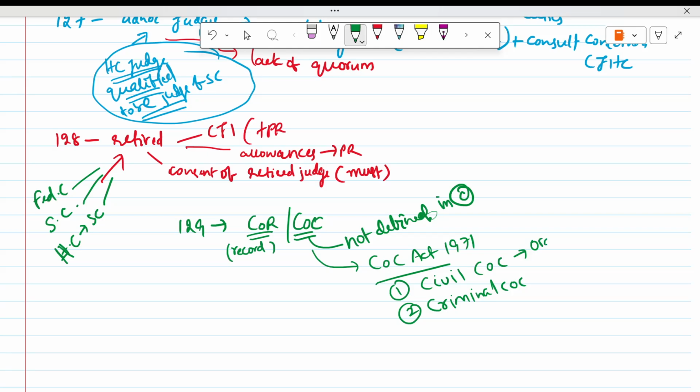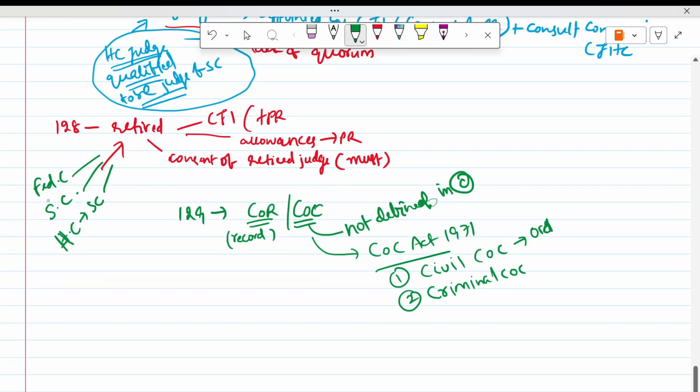Let's say the Supreme Court has given some order and you are not following that, then it will attract civil contempt. Criminal contempt means, for example, you are lowering the authority of the court, or you are interfering in the proceedings of the Supreme Court, then also it will attract criminal contempt.